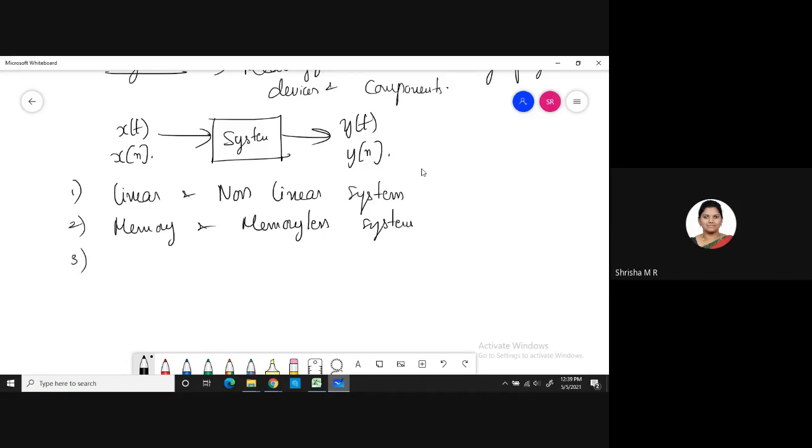Then you have time invariant and time variant systems. Next we have causal and non-causal systems.